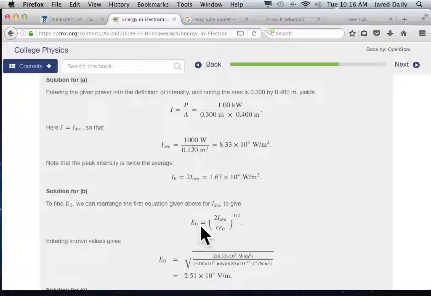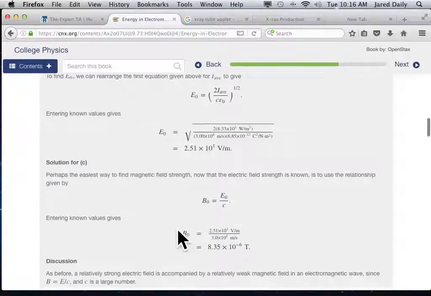You can calculate your electric field by rearranging your equation for the average intensity. And you can do the same thing for magnetic field. Or you can use this equation, which is what they used.